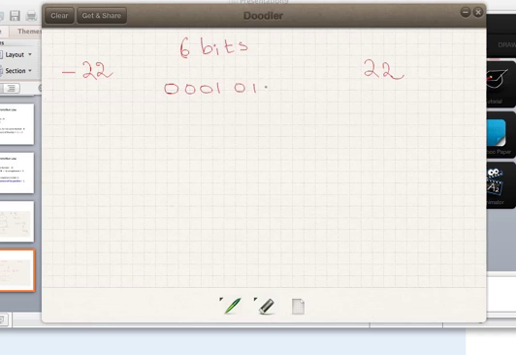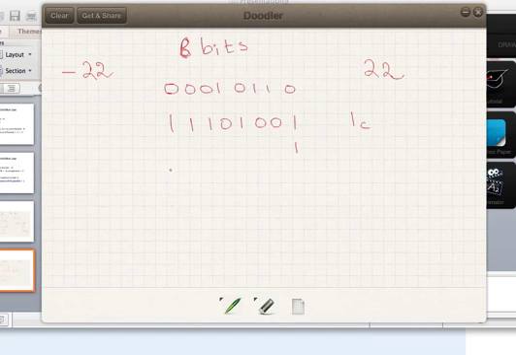I'm considering 8 bits here. The 1's complement of this number is 11101001.